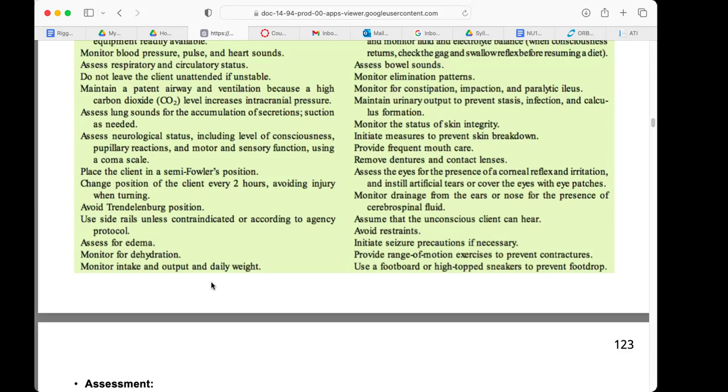What's the normal range? 30 mL per hour. Very good. So 30 mLs per hour is the lower limit. We don't want our patient's urine output to drop below 30 mLs an hour. And the higher limit is 50. So 30 to 50 milliliters per hour of urine is how much the healthy, normal adult should produce.